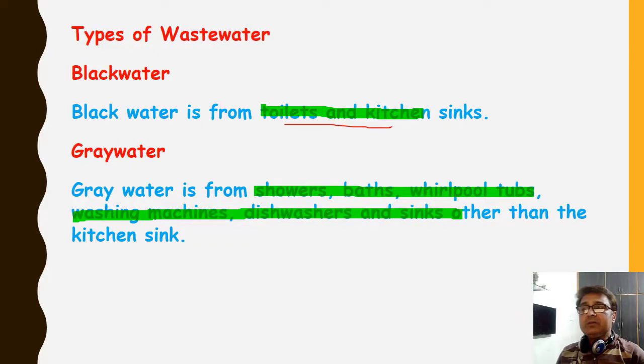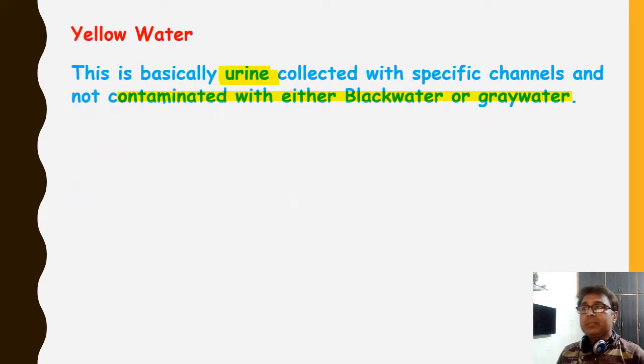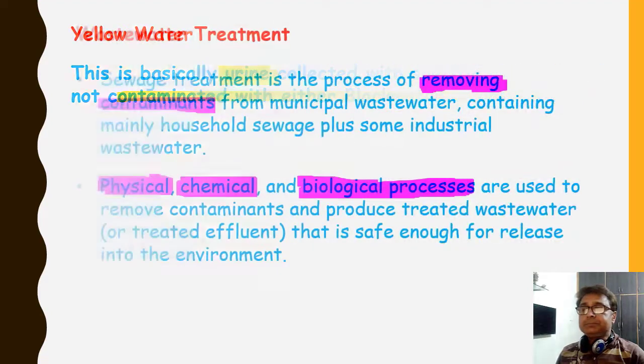Grey water is from showers, baths, whirlpool tubs, washing machines, dishwashers, and sinks other than the kitchen sink. Yellow water is basically urine collected from specific channels and not contaminated with either black water or grey water.